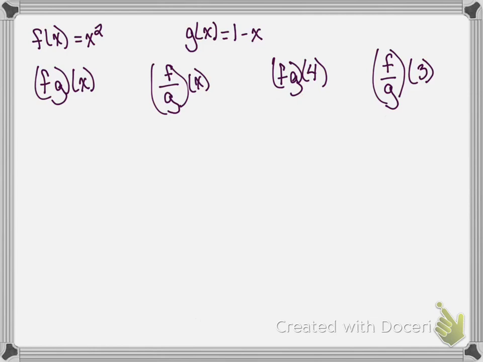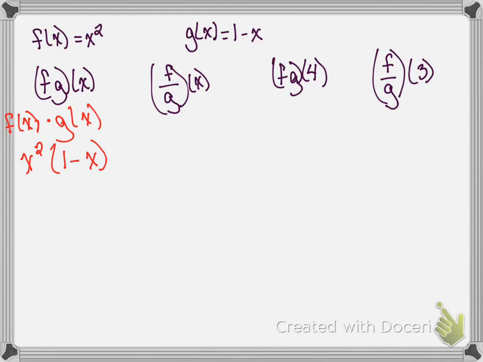So I have f of x times g of x. F of x is x squared, and I am multiplying that times g of x, which is 1 minus x.